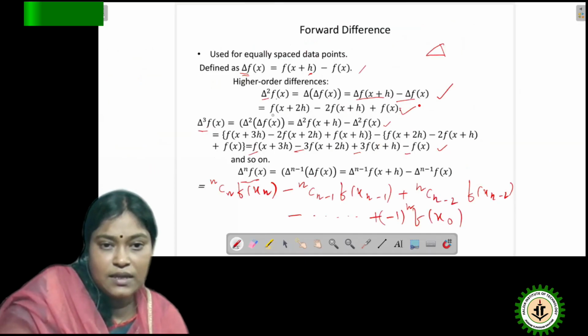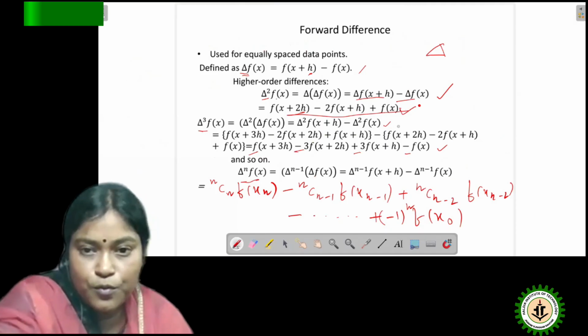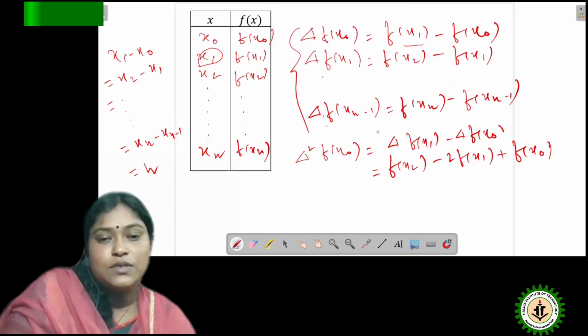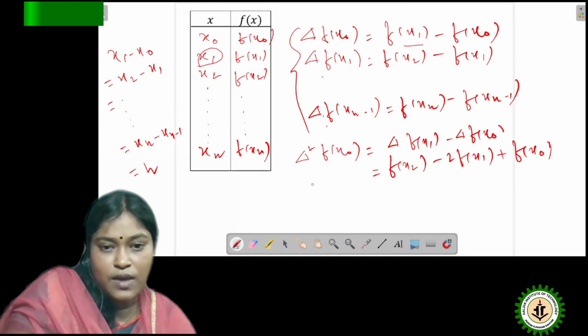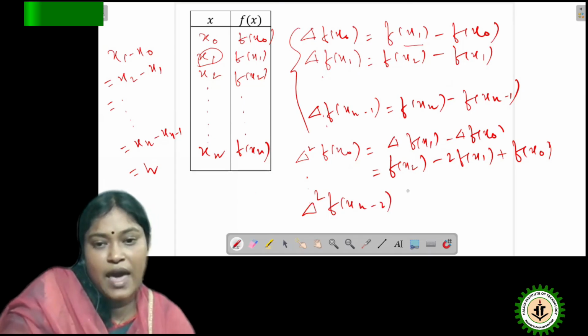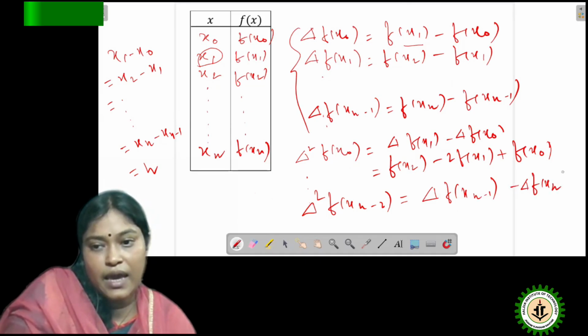You can see here, we have just put in the particular values. So in this way, we can find out delta square f of x n minus 2, and it will be delta of f of x n minus 1 minus delta of f of x n minus 2.